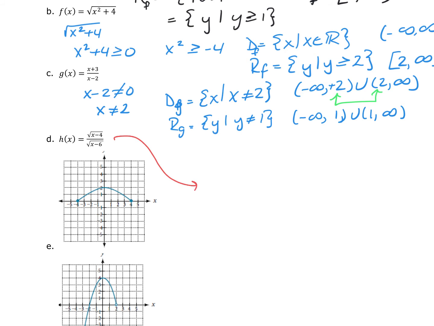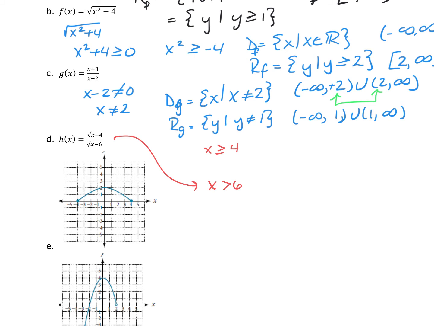So let's take a look at D. For D, we have two things going on. First, the denominator has a restriction: x minus 6 is greater than 0, so x has to be strictly greater than 6. The numerator, I said greater than or equal to 0, so x has to be greater than or equal to 4.